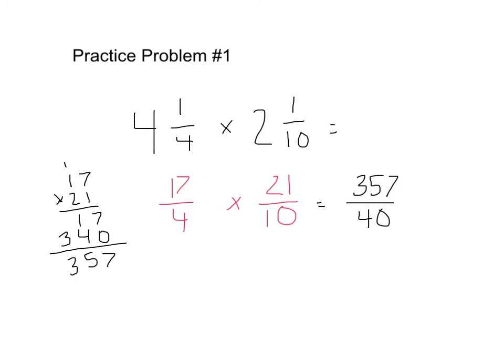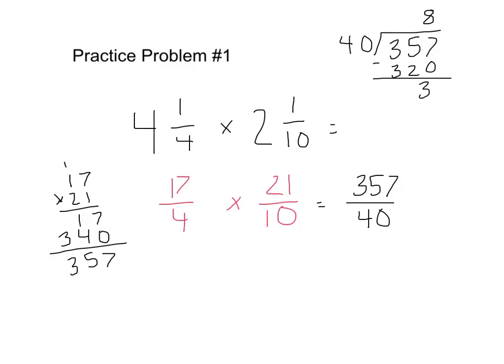Now I have to do a little bit of division, which will be fun. So I'm taking 357, dividing it by 40. 40 does not go into 35, but it does go into 357. Now I know that 4 times 8 is 32, so I'm going to go ahead and put an 8 over here at the side. 4 times 8 is 32, and if you were to add your 0, you would get 320.